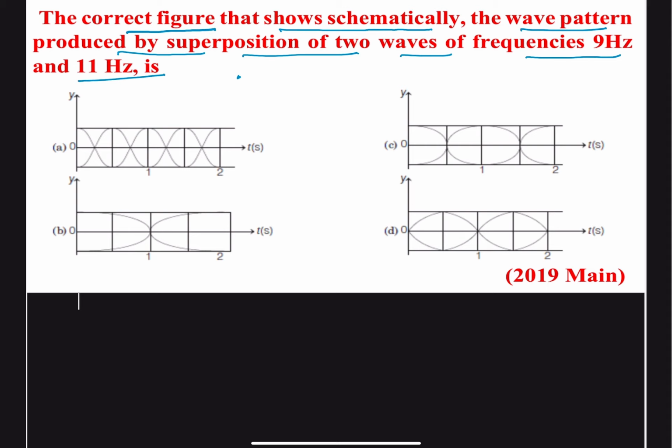So we can say that 9 Hz and 11 Hz are two different frequencies. So the superposition will be resulting in the beat frequency. We start from there.